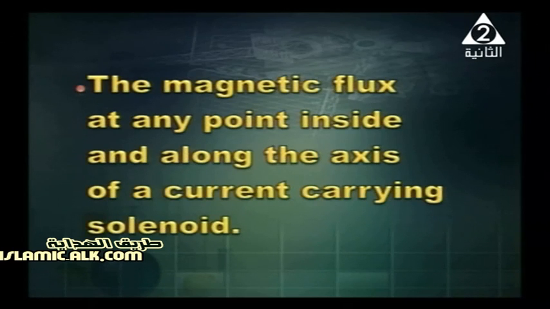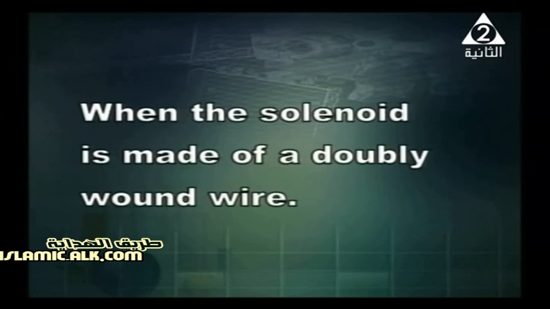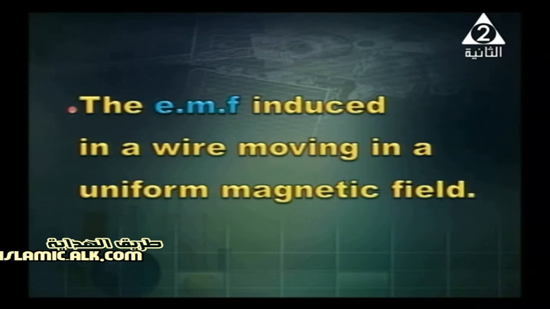When does the magnetic flux at any point inside and along the axis of a current carrying solenoid equal 0? This happens when the solenoid is made of a doubly wound wire. When does the EMF induced in a wire moving in a uniform magnetic field equal 0?